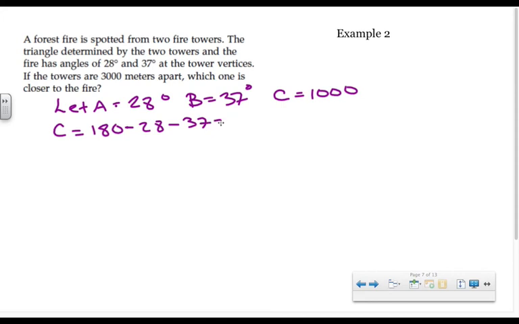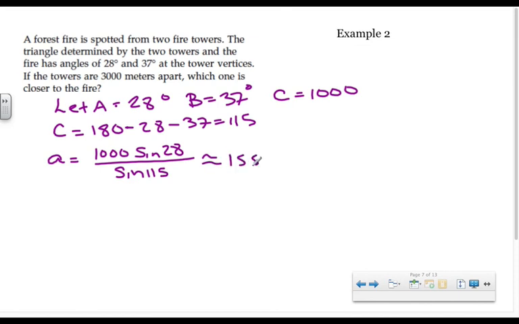So we're going to find angle C. 180 minus 28 minus 37 is 115. And now we're going to use these values to find the two lengths. So just plug it into the formula. The first one I get, a, is 1,554.